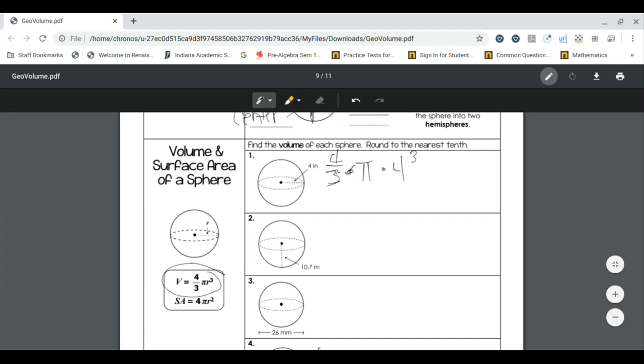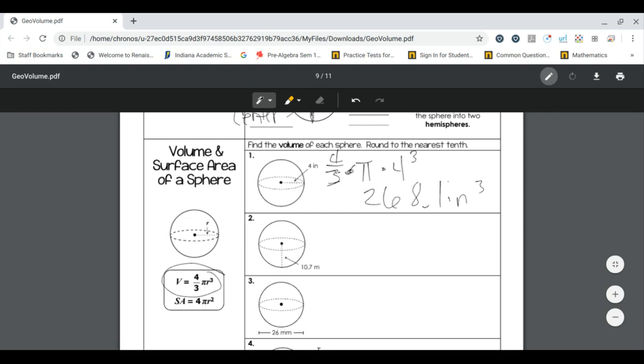So it's not a hard formula. You just have to remember what to do. So for spheres, you're going to take 4/3 times pi, because we're working with a circle, always have to have pi, and then 4 cubed. So your answer would be 268.1, and these are inches cubed.